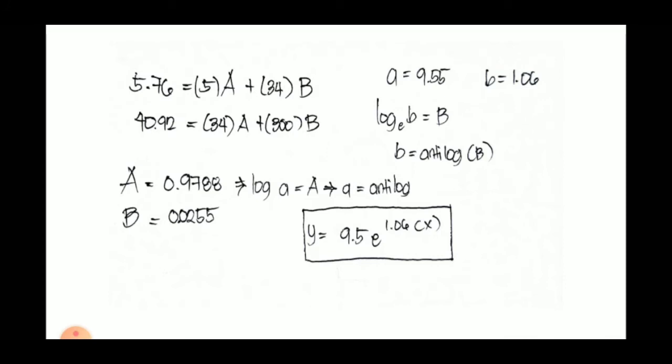So shift log, input the value of A, 0.9788, and you get a value of small letter a of 9.55.